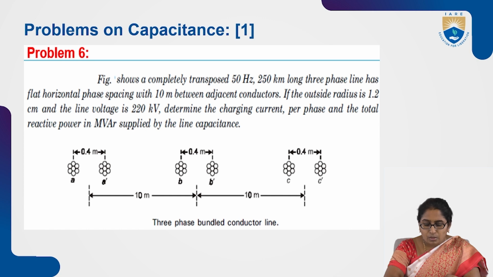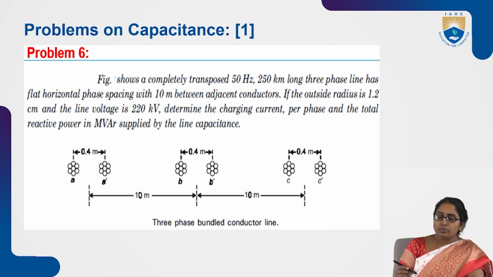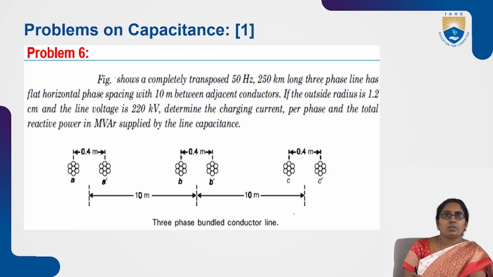So first we calculate the charging current, because we have seen in the previous problem how to calculate the charging current per phase. For that, first we calculate the capacitance: capacitance per phase is 2 pi epsilon naught by log base e of D by r. Look at how to calculate D here, because we have a double circuit three-phase line, a three-phase bundle conductor line.